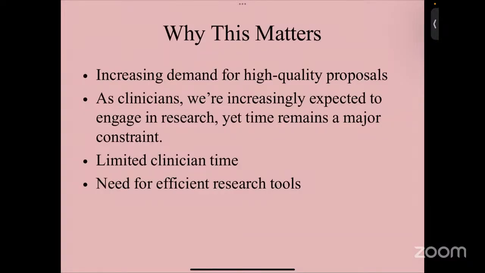We all know that as doctors, we are expected to always engage in research, and writing a research proposal is the first, main, and most important step for scientific research. There's an increasing demand for high quality proposals, and sometimes we might face limited time. So we need these AI tools for efficient research.